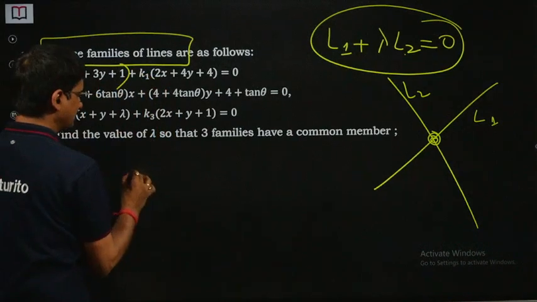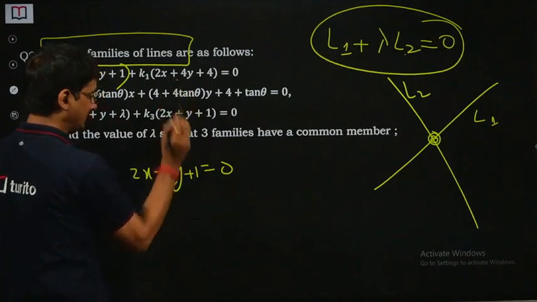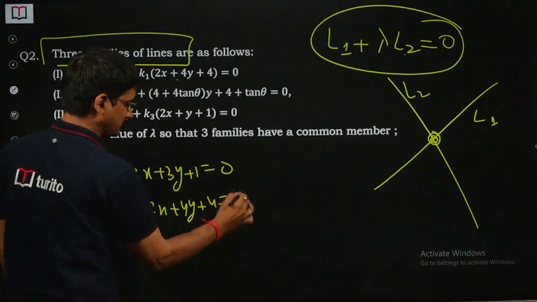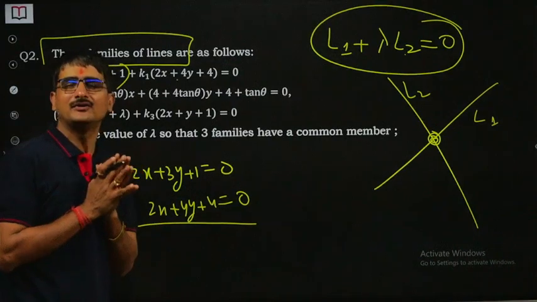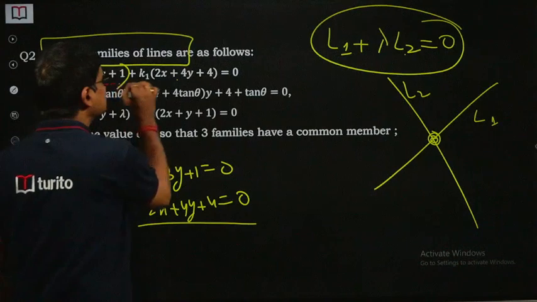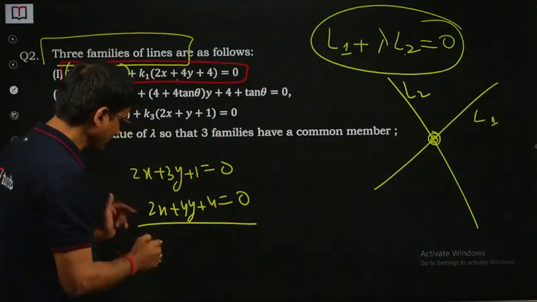So that's one line, 2x plus 3y plus 1 equal to 0, and this is 2x plus 4y plus 4 equal to 0. Fine. Now we will get the point of intersection. This first one is the family of lines passing through the point of intersection of these two.